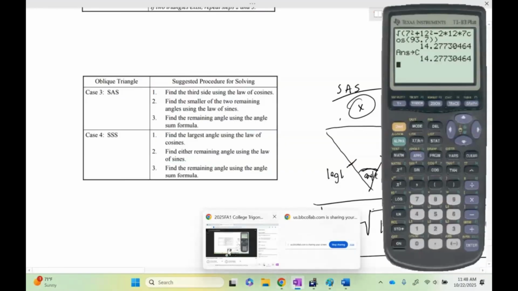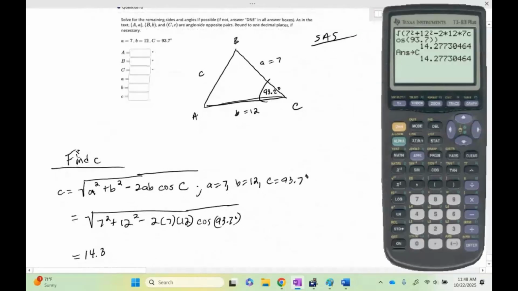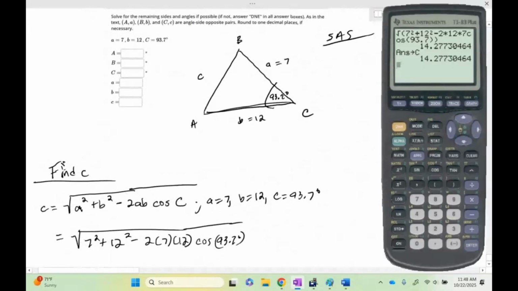If we take a look at our diagram, side C was 14.3. So A was 7, B was 12, C was 14.3. Angle A was 93.7.